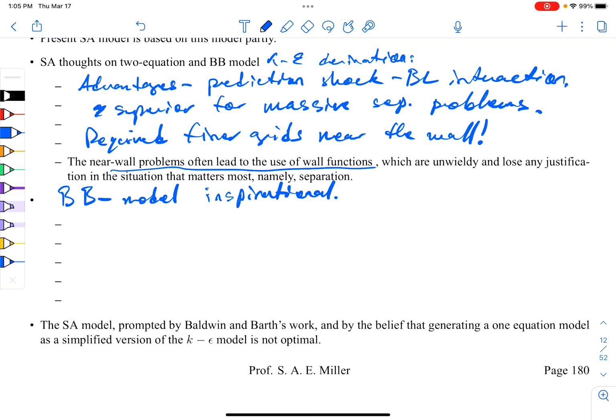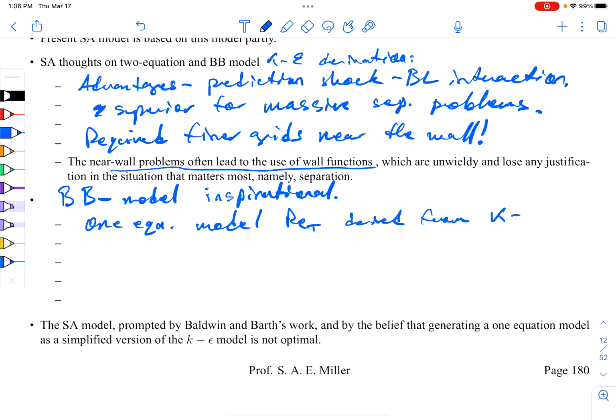And what he liked about this model, and probably inspired future models, is that it's a one-equation model, a turbulent Reynolds number transport model, and it's derived from K epsilon. It had other good things, but it wasn't, of course, eddy viscosity.